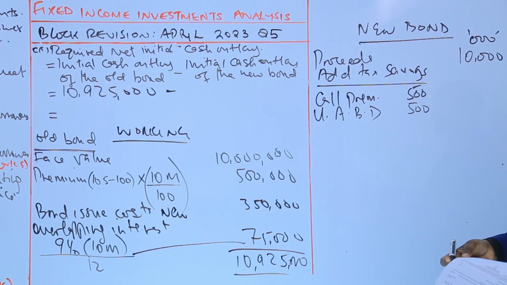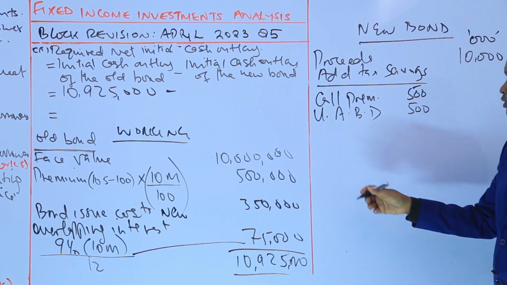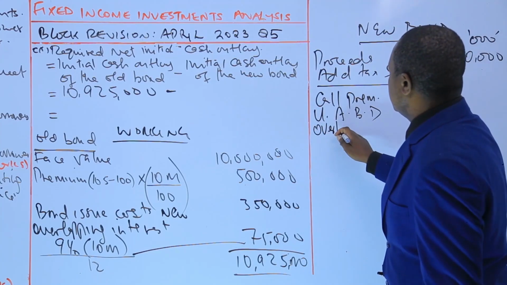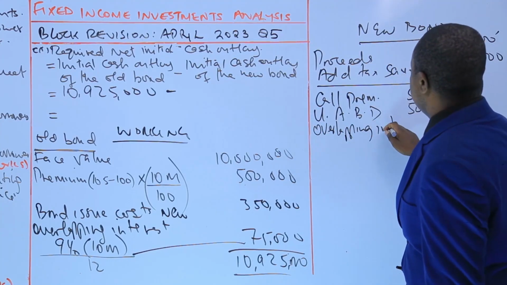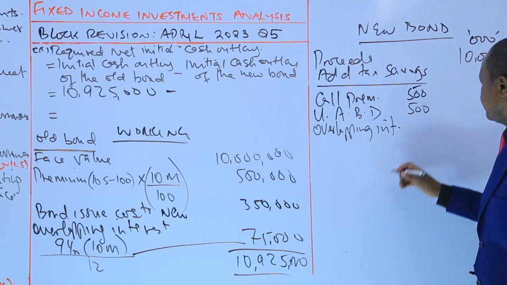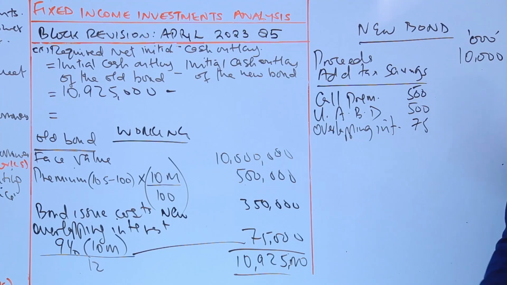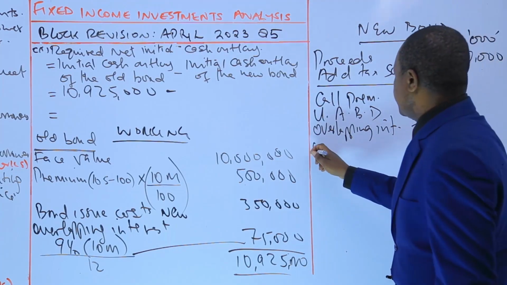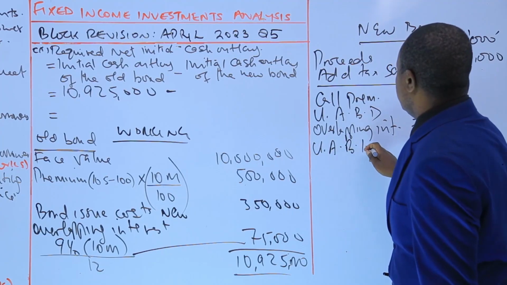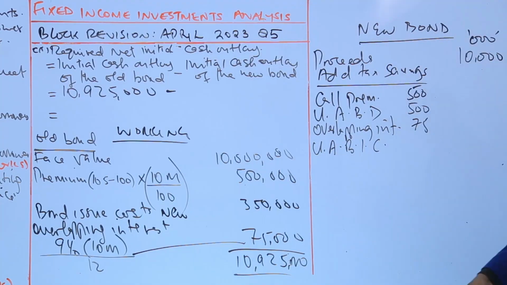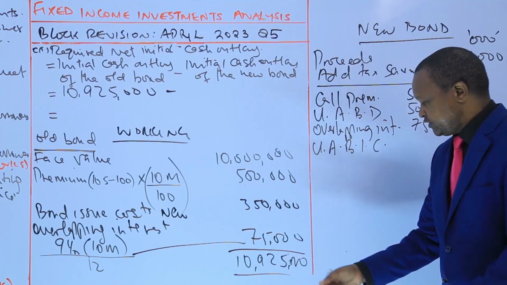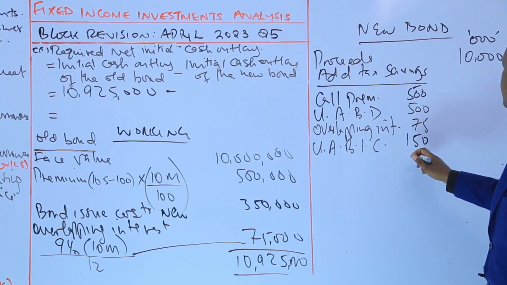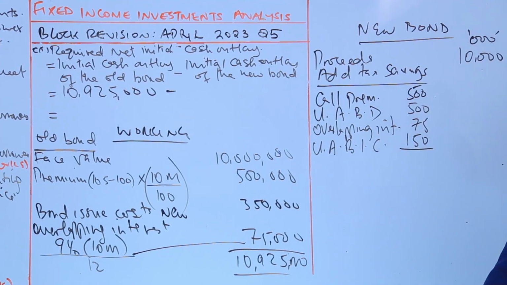We add the overlapping interest, 75,000. Then we have the unamortized bond issue costs, from the question, 150,000. So this total will be the available amount for tax benefit.